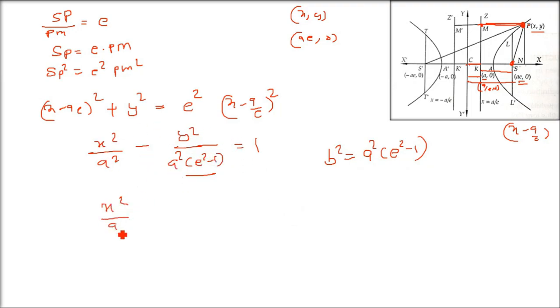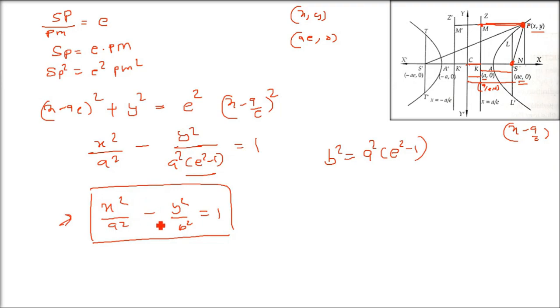This is the equation of hyperbola. We just rearranged SP square equals E square PM square, and this is the standard form of hyperbola. If you want to find x from this equation, what are you going to get?